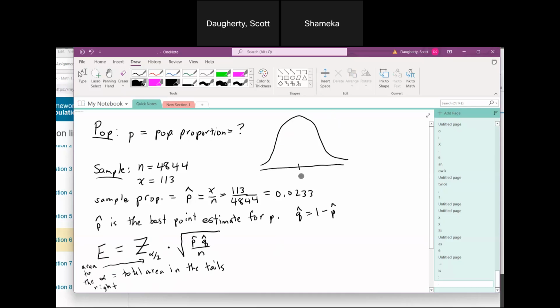And if you remember, the standard normal bell is bell-shaped, the center is at 0, and the standard deviation is 1. These are z-scores down here. On this side you have positive z-scores, and on this side you have negative z-scores. Of course, 0 is in the middle where the peak of the bell is.